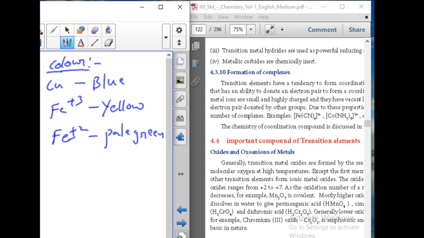Like this. First of all, how can the D block elements show the color property? Color is due to unpaired d electrons.